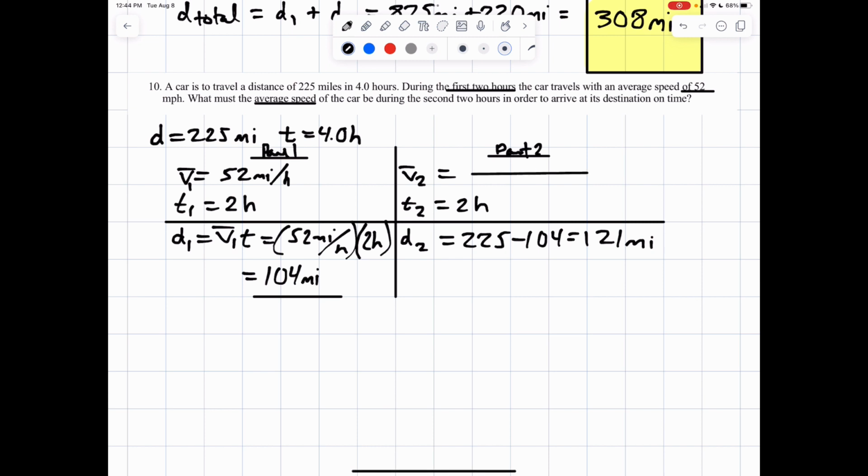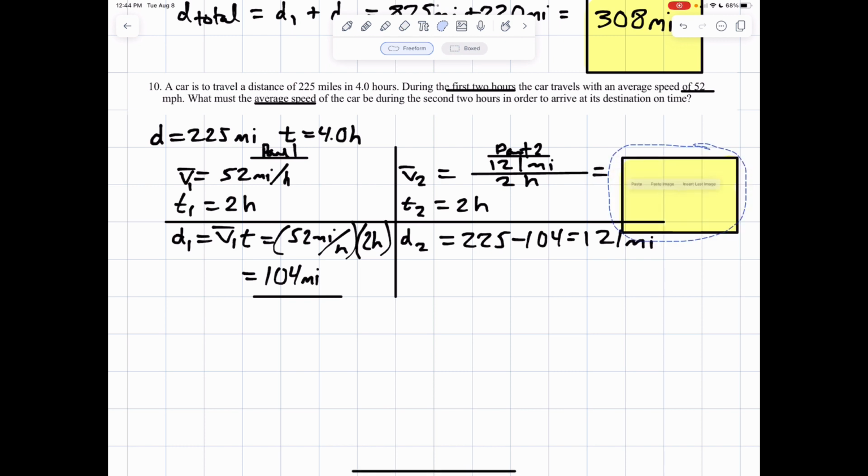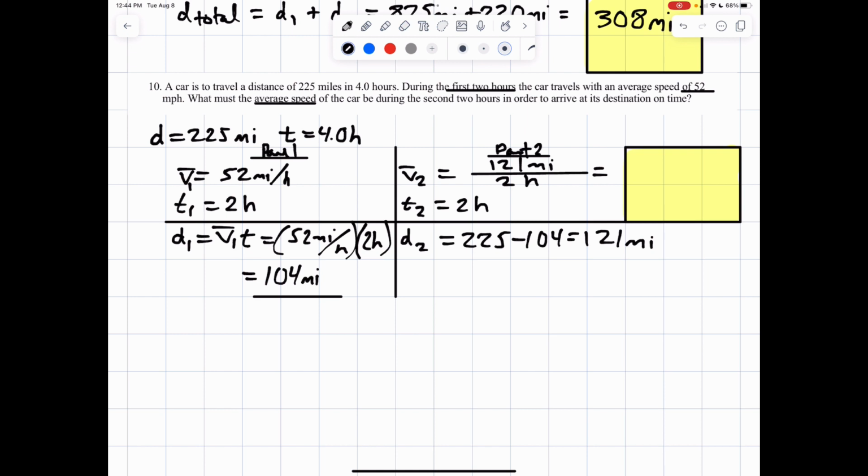The distance is going to be 121 miles over the remaining 2 hours, in which case you'll get about 60.5 miles per hour that you have to travel for the rest of the 2 hours in order to cover 225 miles in a total of 4 hours.